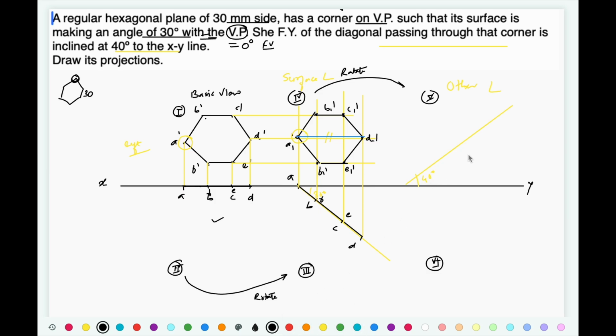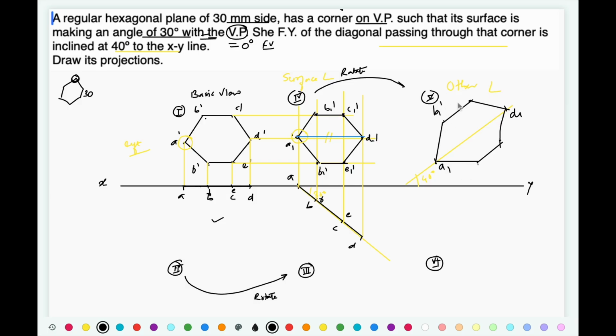On this line, let's say this is A1 and this is D1. Same distance as that of view number 4 you need to take over here. Additionally, locate the remaining points and complete the view.